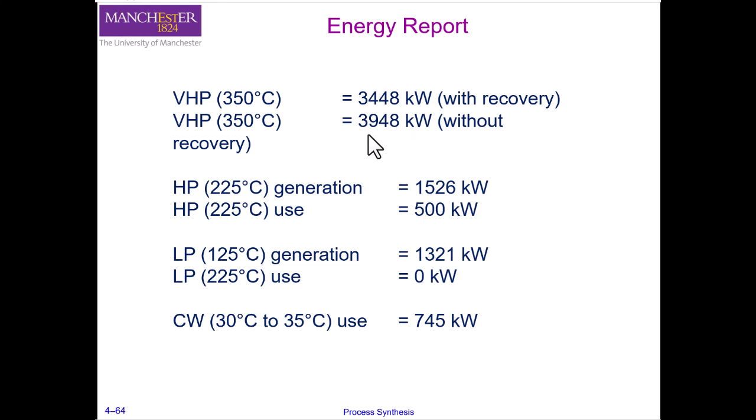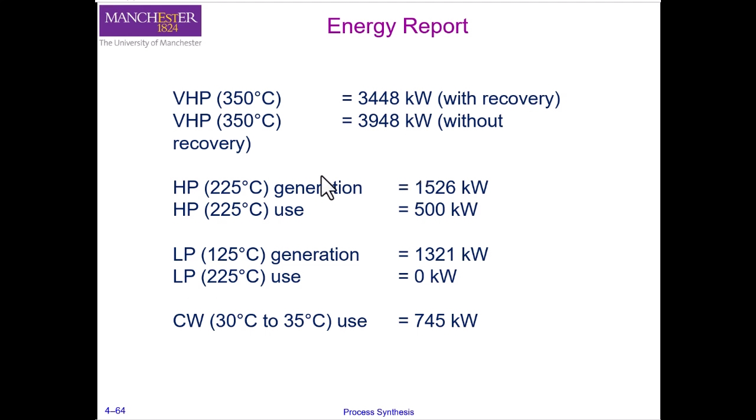When we push our profiles together in order to achieve some heat recovery through the steam mains, as shown by our total site composites, this very high pressure steam from our utility boilers reduces to 3448 kilowatt. That is a saving of 500 kilowatts of the very high pressure steam.